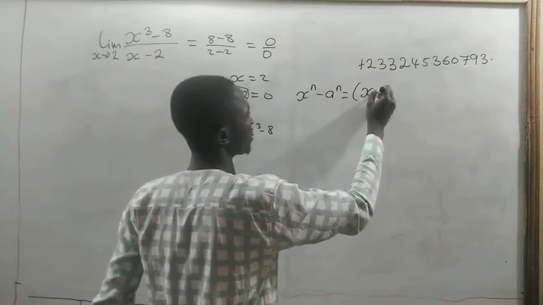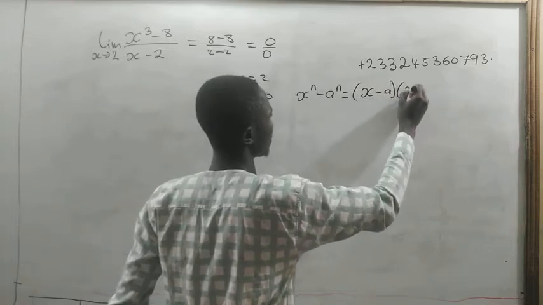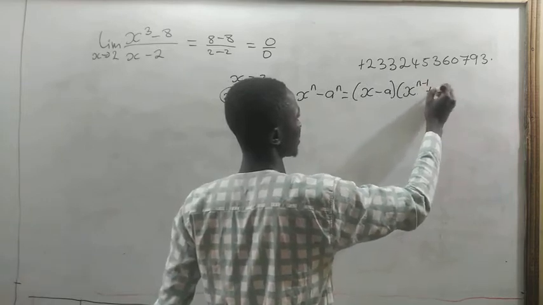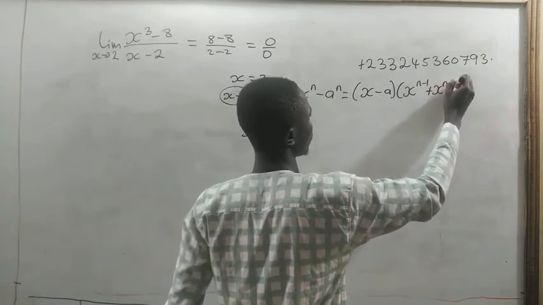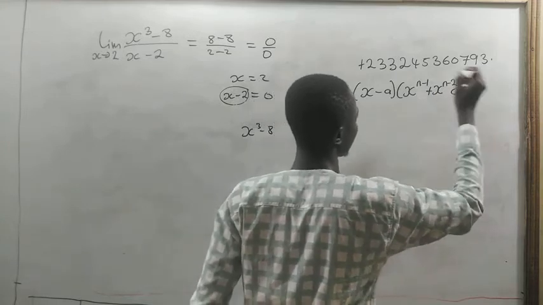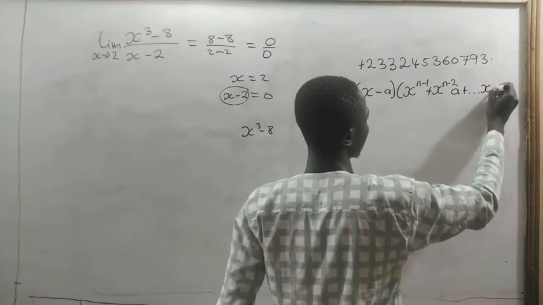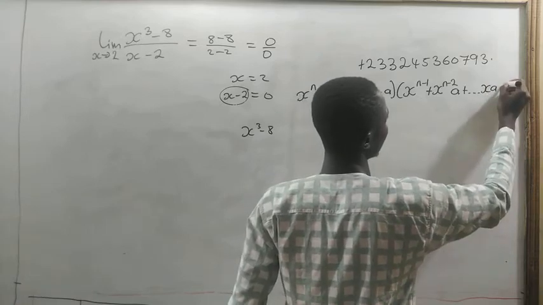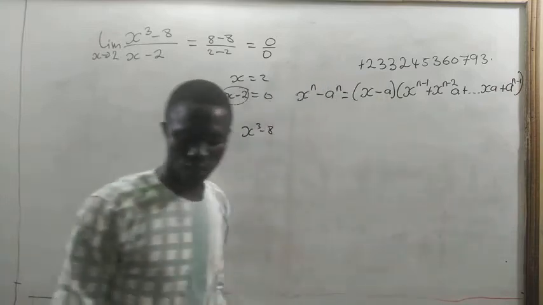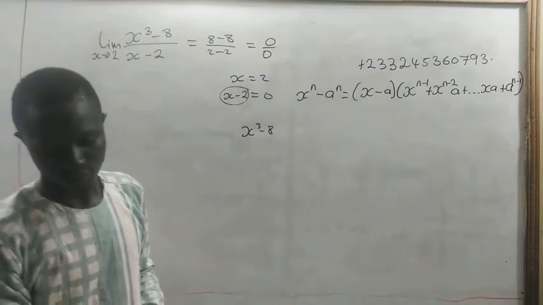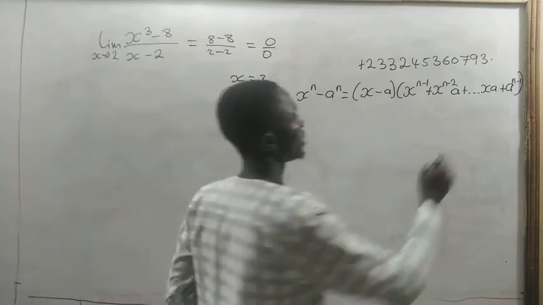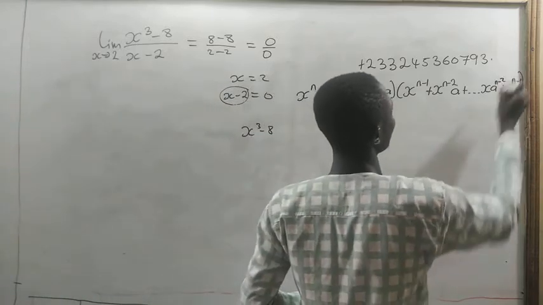We have x minus a times x exponent n minus 1 plus x exponent n minus 2 times a plus ... x a plus a exponent n minus 1. That is what we are going to use for our expansion.